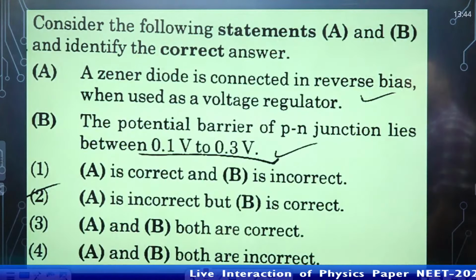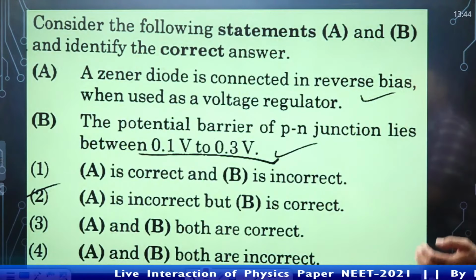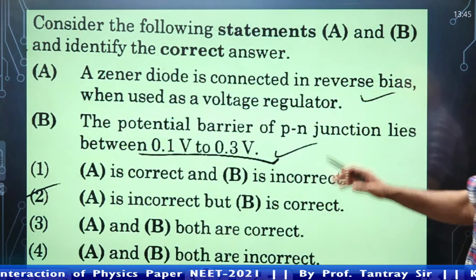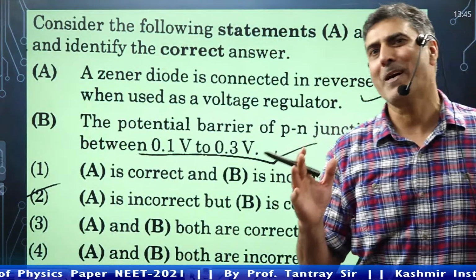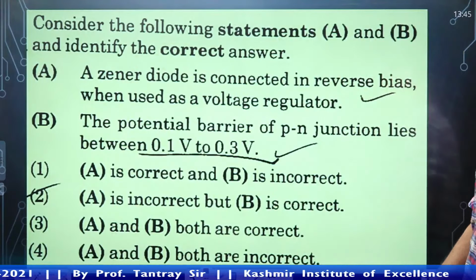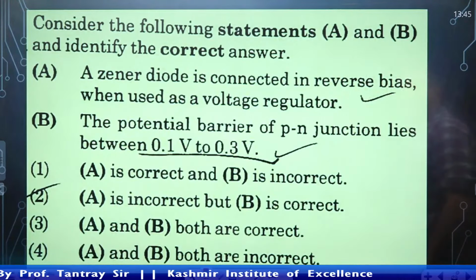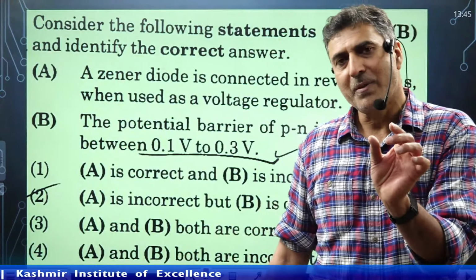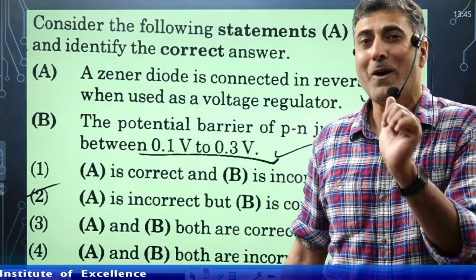Now consider the following statements A and B and identify the correct answer. A: A Zener diode is connected in reverse bias. That's true. A Zener diode is always connected in reverse bias for voltage regulation. It's a statement of fact. B: The potential difference of a PN junction lies between 0.1 and 0.3. That's the wrong statement. Why? Because the potential difference of the PN junction is of the order of 0.5.